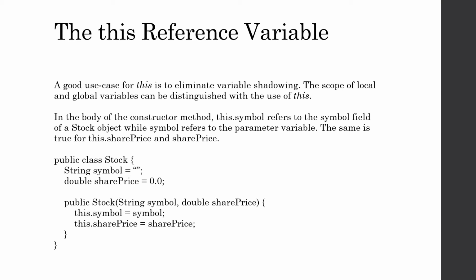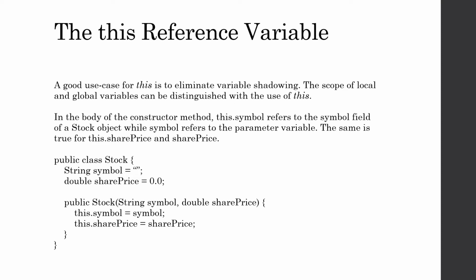You can see in this example, specifically when we get into the constructor, we've got our public Stock and then that pair of parentheses, and inside of those we've got our String for a symbol and then our double for a share price. You'll notice that the names of the parameters are exactly the same as the names of the fields.